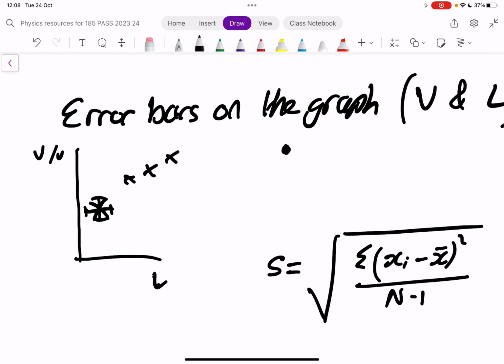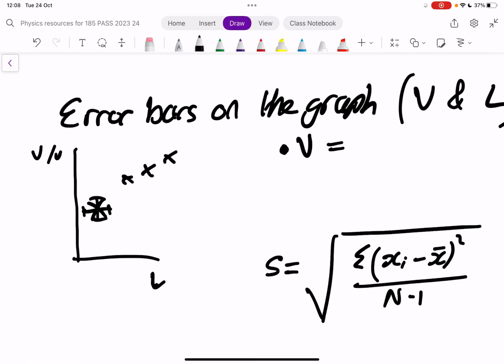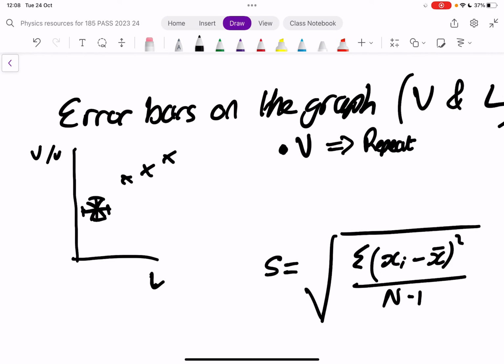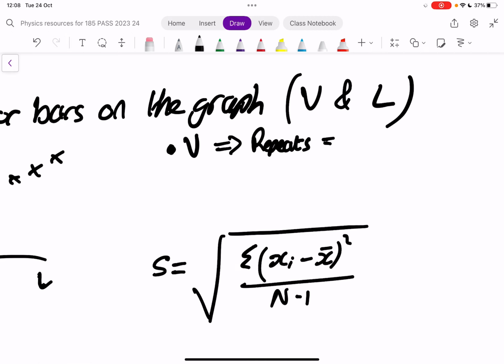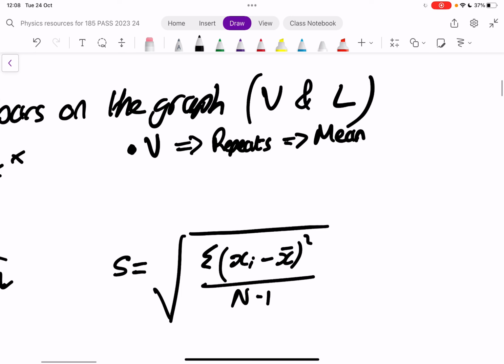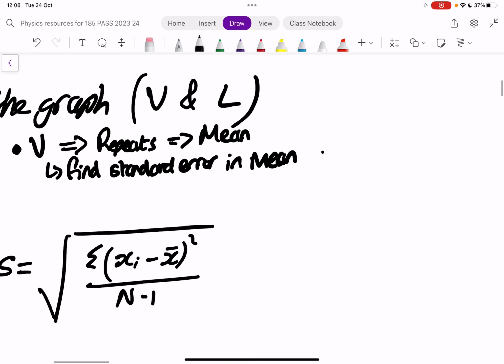For voltage, because it's a repeat reading that was used to find a mean value, what you need is the standard error in the mean. And this is the standard deviation divided by root n.